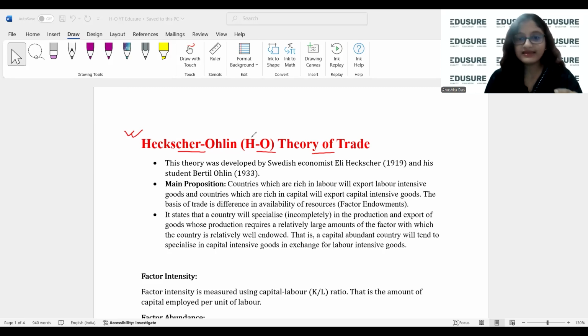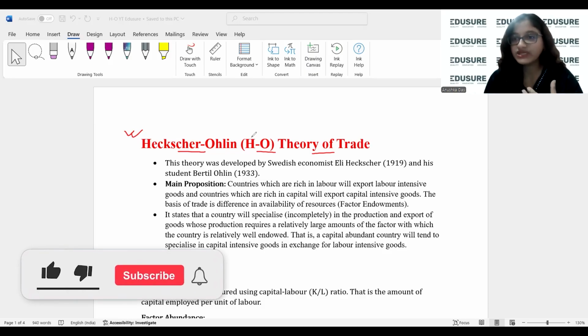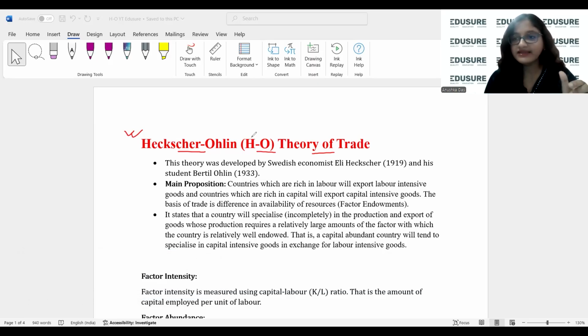Now, since this is a kind of revision session, in our paid batch we do a detailed discussion on that. For every model, we do separate analysis and we explain every model in detail. But since on YouTube I don't have much time to cover everything, you can treat this as a revision session, a kind of summary note. Firstly, I have given you the information on who propounded the theory and in which year.